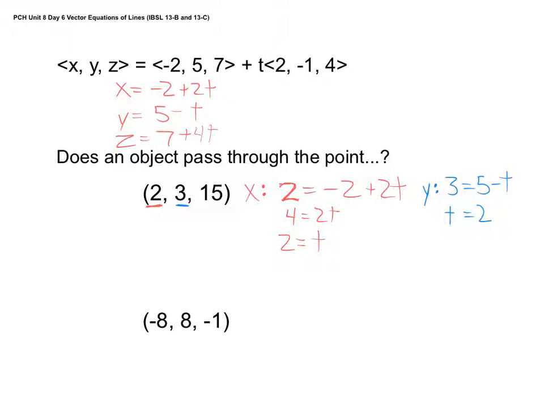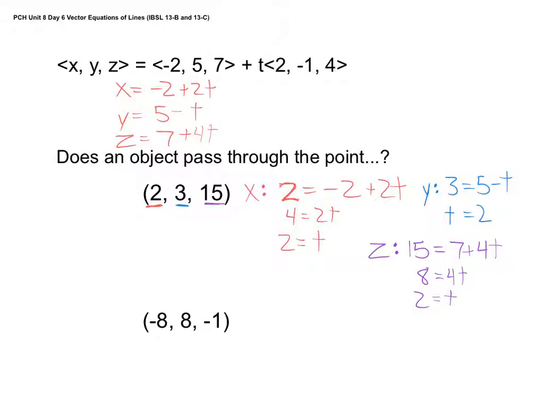Now I've got to try z. So for my z's, 15 has to equal 7 plus 4t. So I subtract 7, I get 8 equals 4t, and t equals 2.